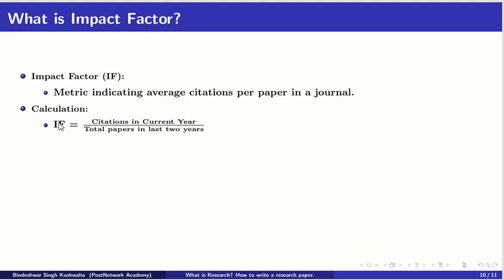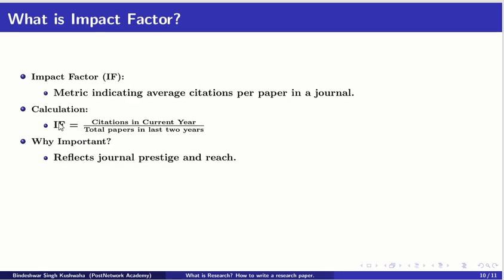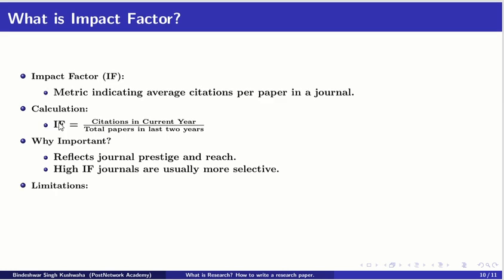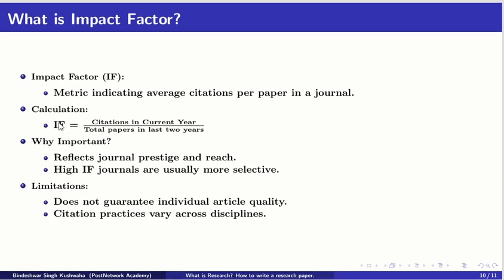Why important? It reflects journal prestige. High impact factor journals are usually more selective. Limitation: it does not guarantee individual article quality, and citation practices vary across disciplines.